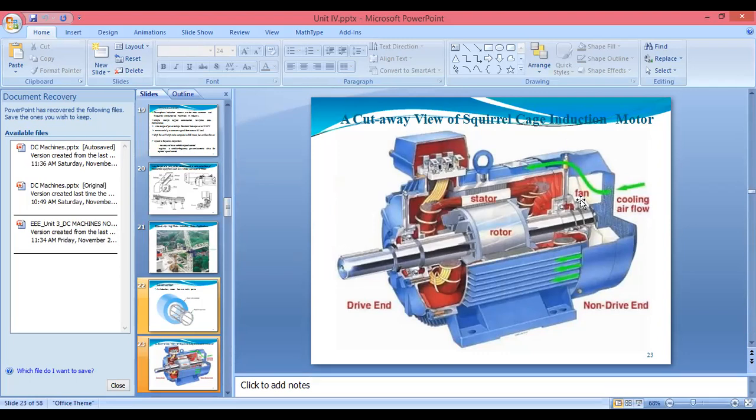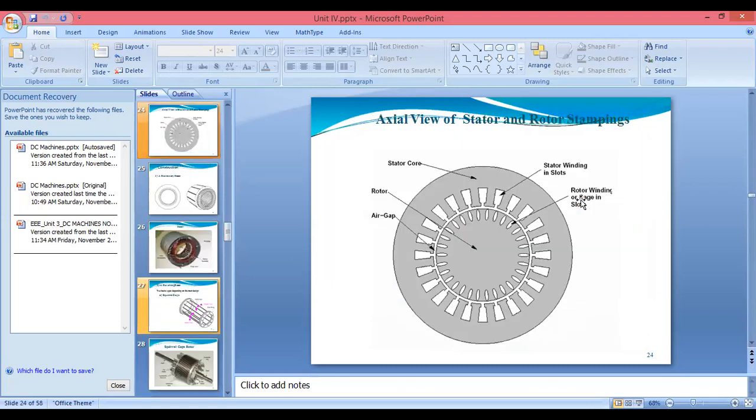So this is the cutaway view of the squirrel cage induction motor. And if you see the axial view of the stator and rotor for the slip ring induction motor, we can say this is the outer covering, the yoke, the outer frame. After that, we are using the stator core. On that stator core, we are putting the stator winding in the slots.